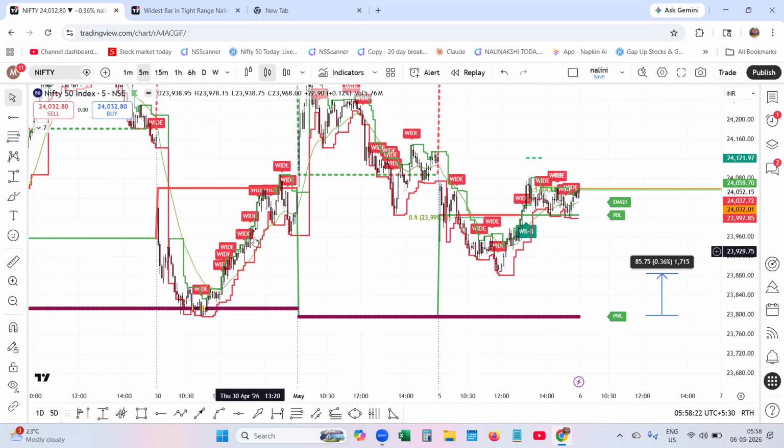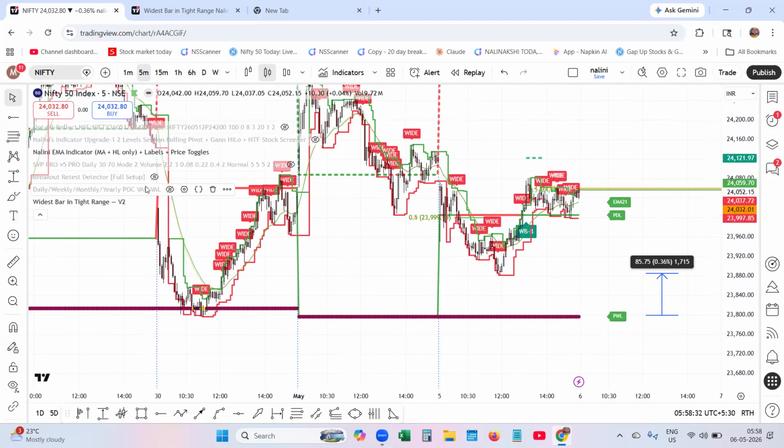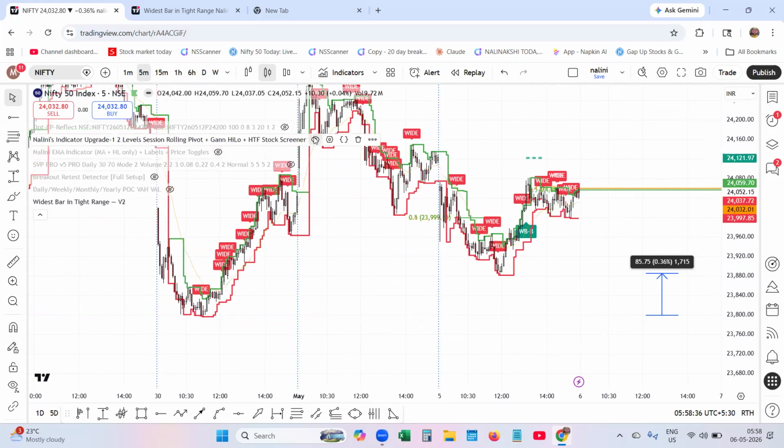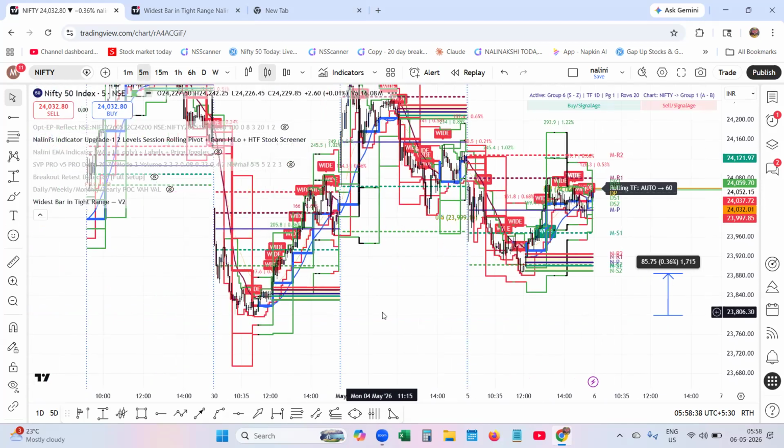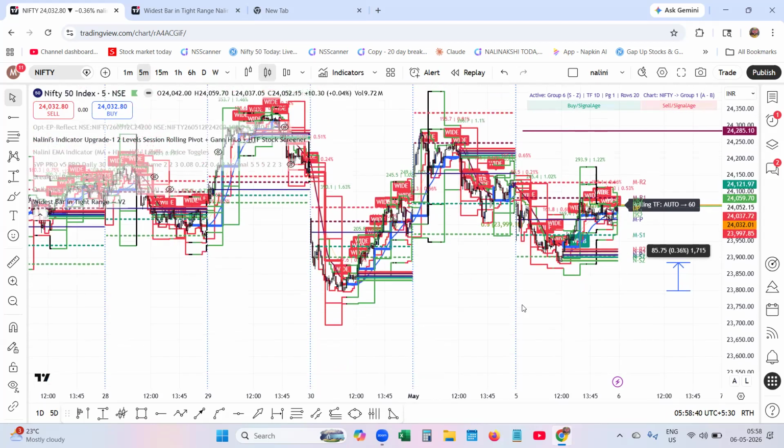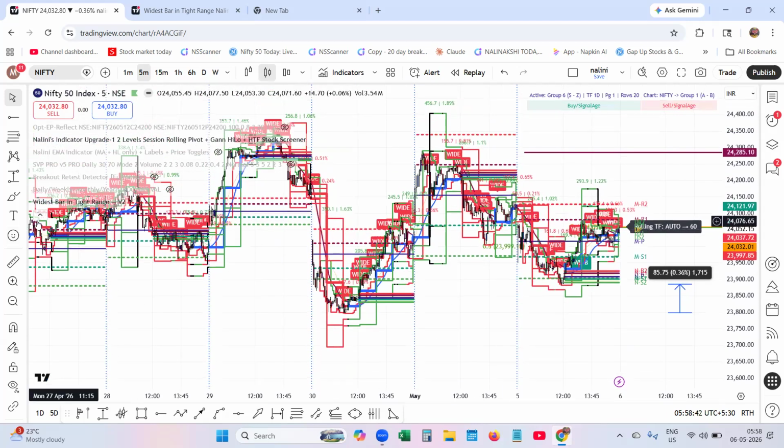The market started moving higher from there. Whenever the noon pivots are supporting, let me enable the Gann, Nalini EMA indicator, almost. Let me take out the widest bar range.